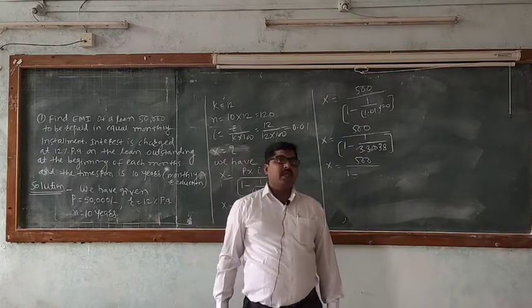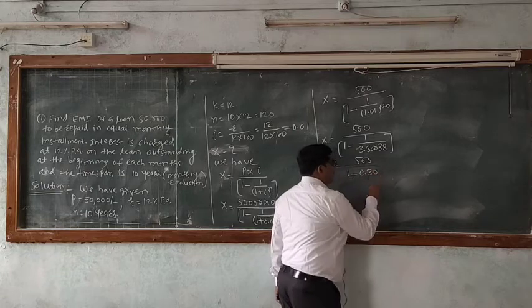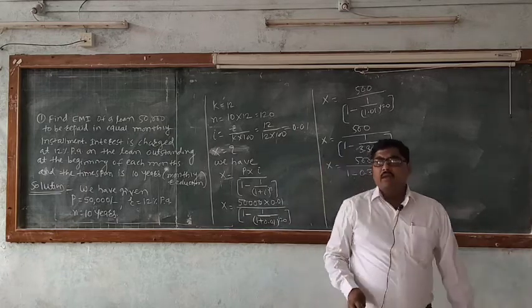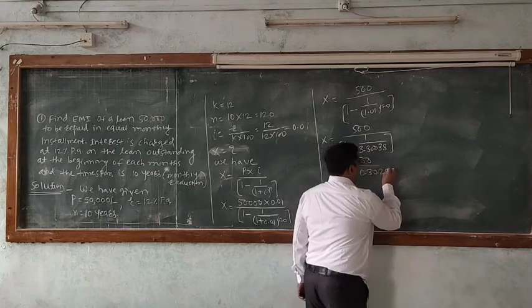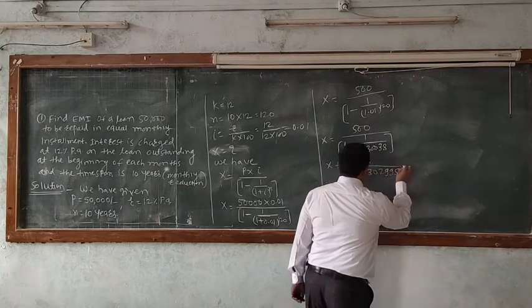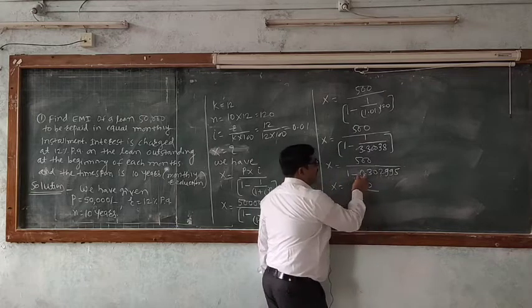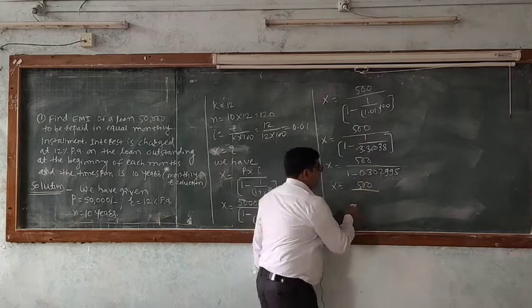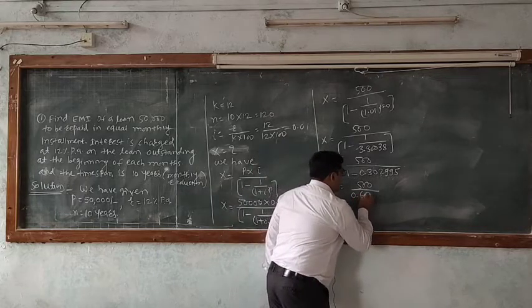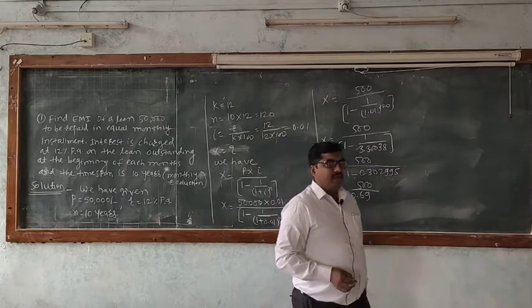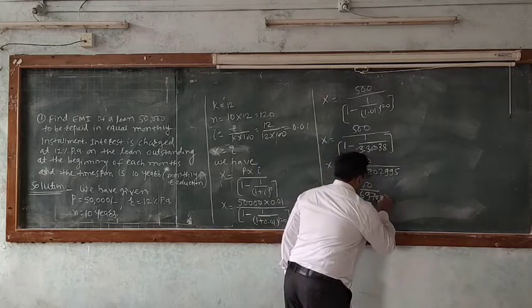Again, by using the calculator we can find out 0.302995. So x equal to 500 upon 1 minus this, which can be 0.697005.